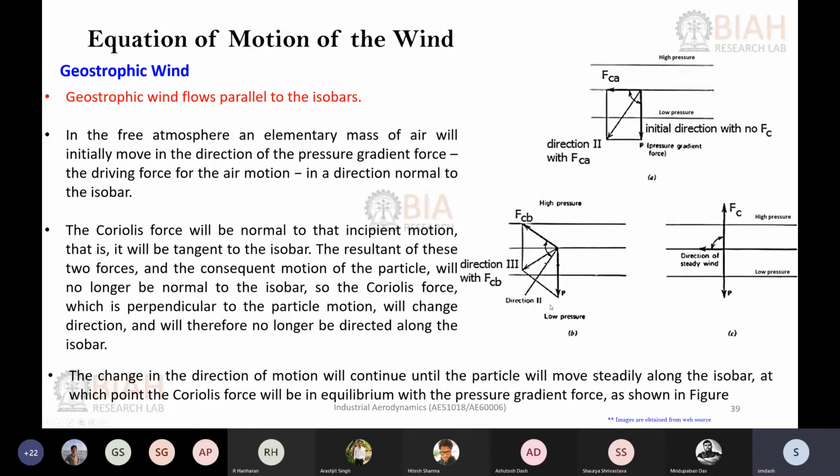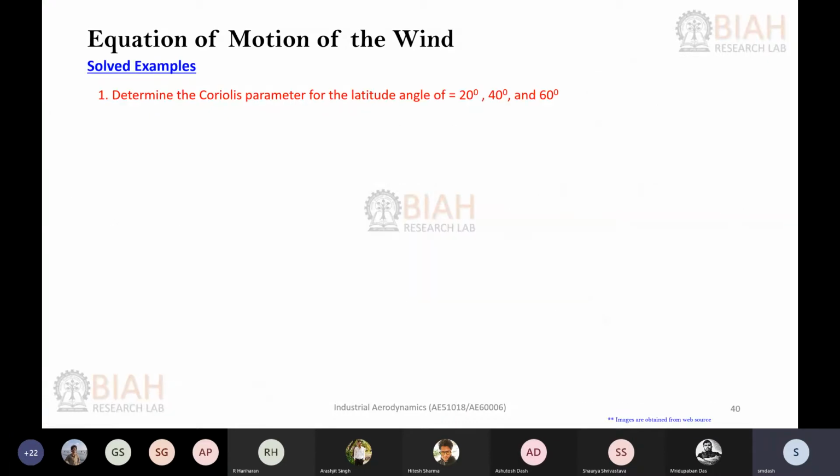So let's solve a few numericals based on what we have discussed so far. Can you try this: determine the Coriolis parameter for latitude angles of 20 degrees, 40 degrees and 60 degrees? Let me know what values of the Coriolis parameter you get.